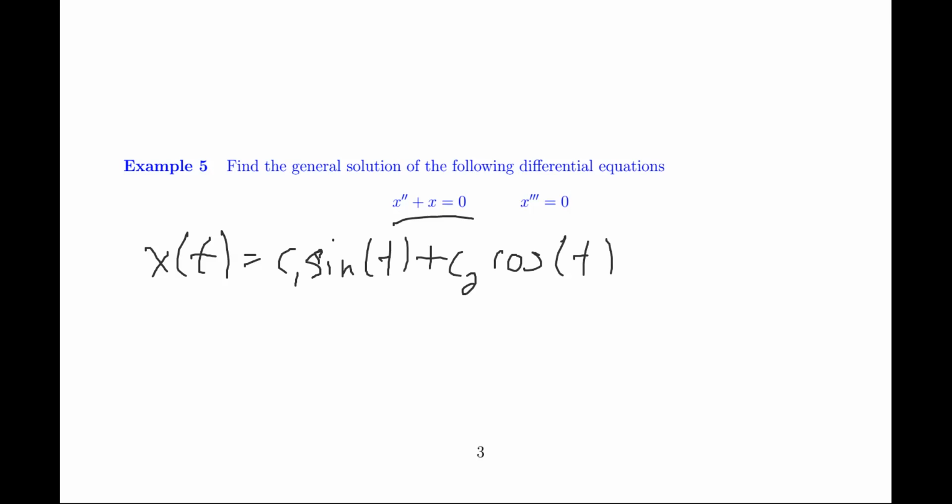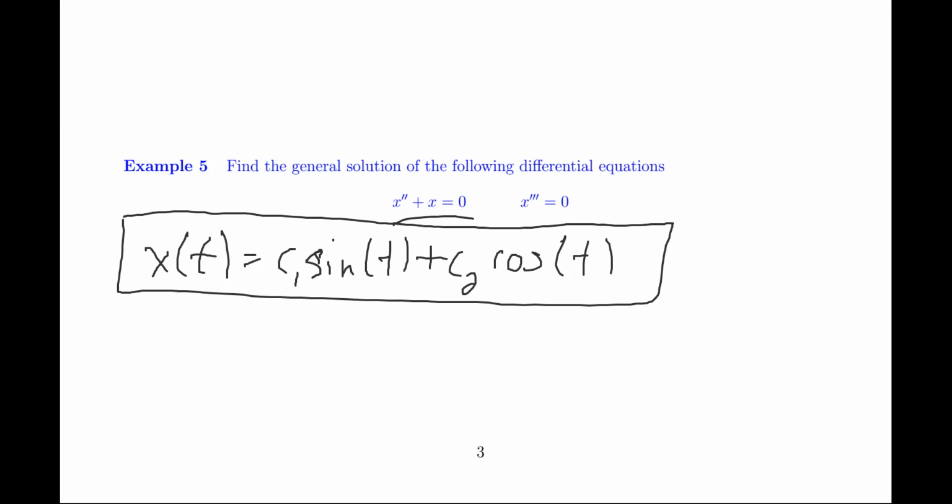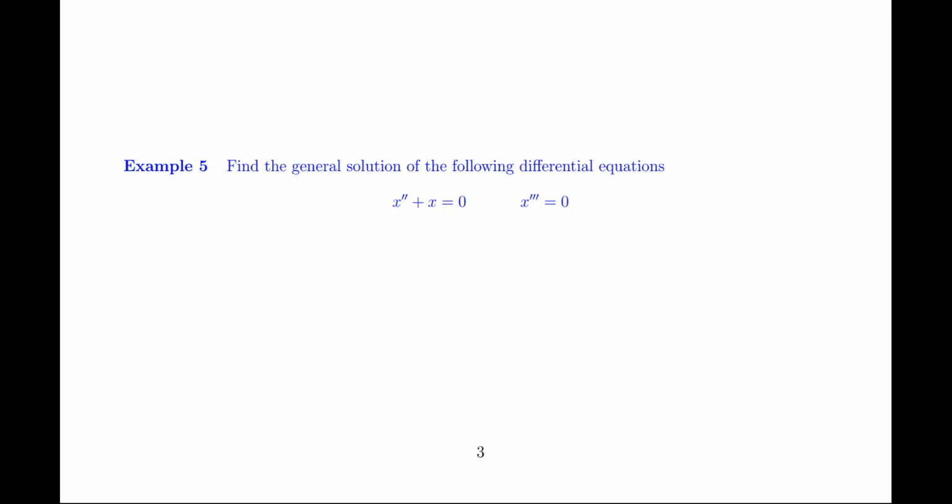What does that mean? That means that all solutions to this linear differential equation are of this form here. And that solves our linear differential equation x double prime plus x is equal to 0.